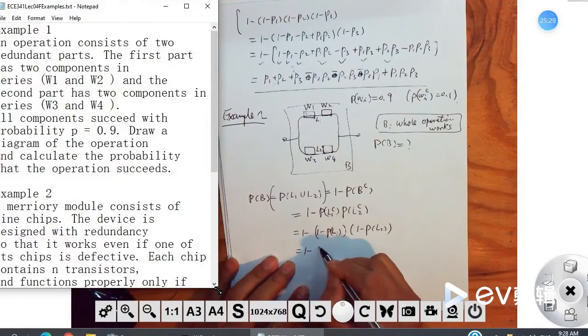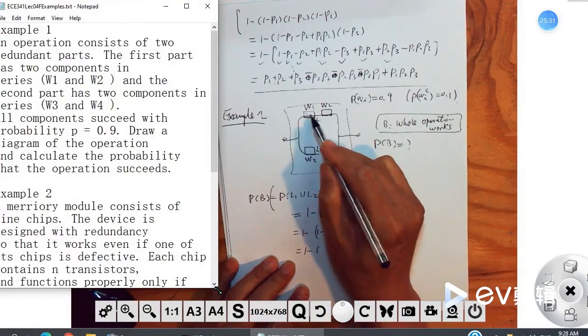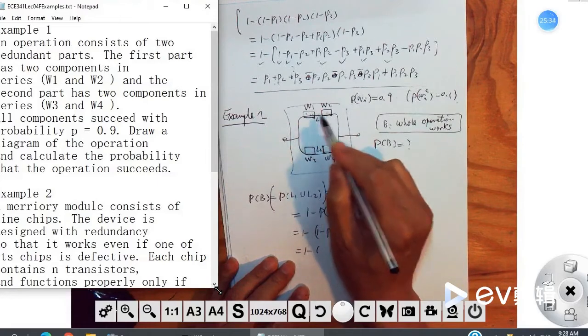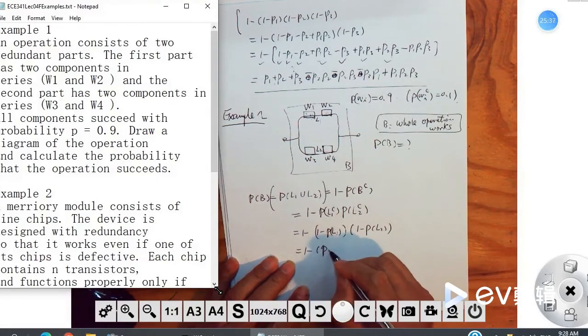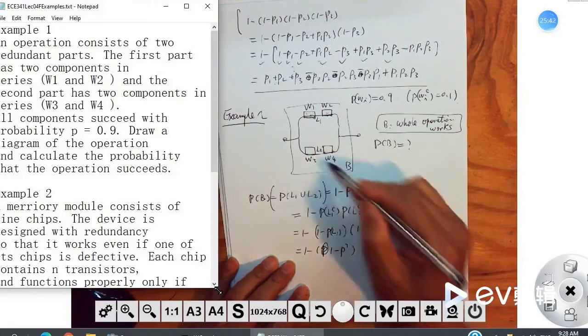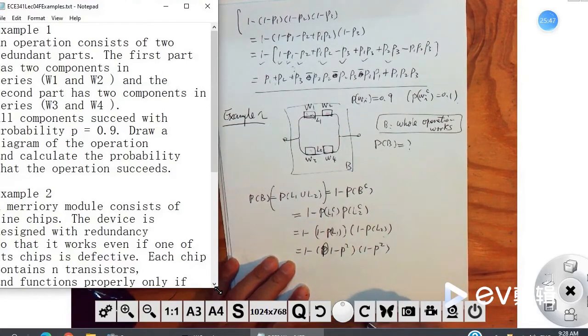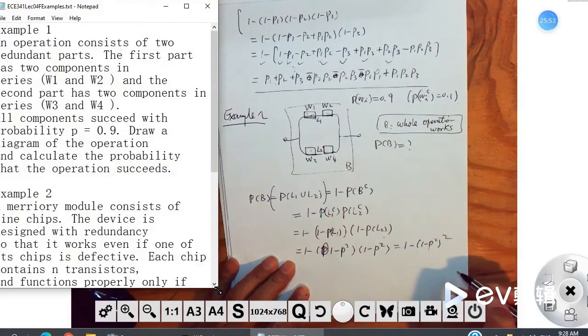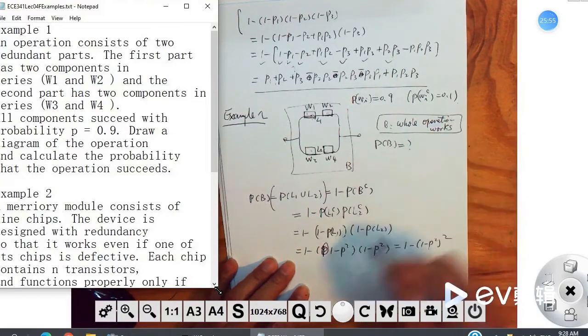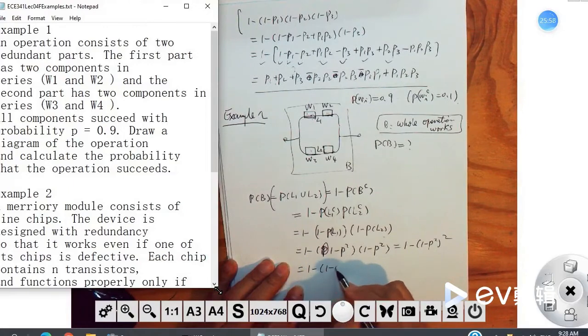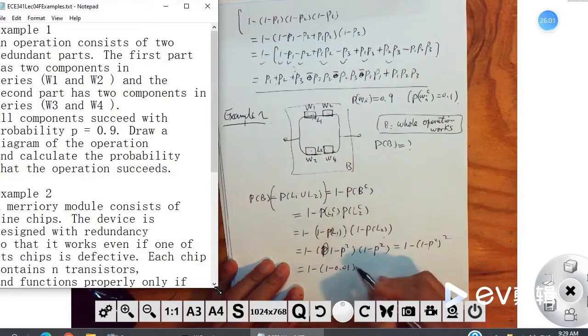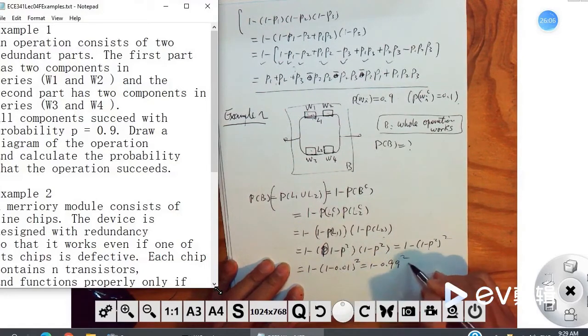For PL1, I need both to work, so it is P squared. So it's 1 minus P squared, and PL2, I need both to work, so it's the same. So this is 1 minus (1 minus P squared) squared, and plugging in the value, 1 minus 0.9 squared is 1 minus 0.81, which is 0.19, and then squared, so 1 minus 0.19 squared. What is it? 0.99 squared.